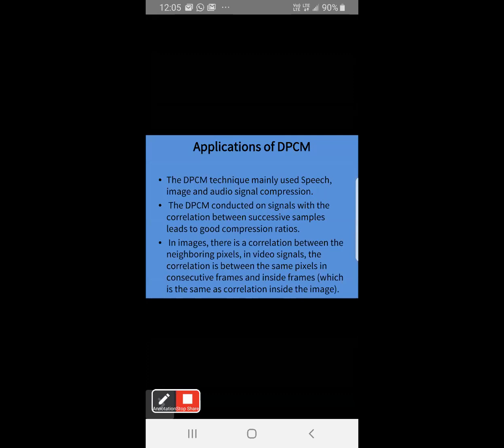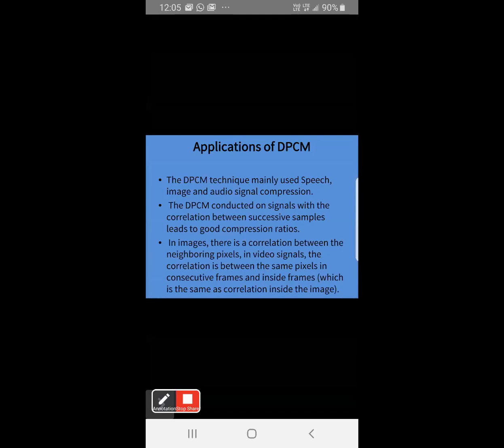DPCM applied on signals with correlation between successive samples leads to a good compression ratio. Wherever a compression technique is used, you can get a good compression ratio by using DPCM, because it reduces the bit rate.